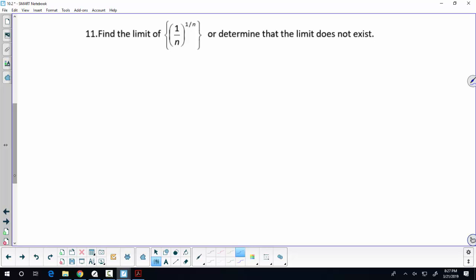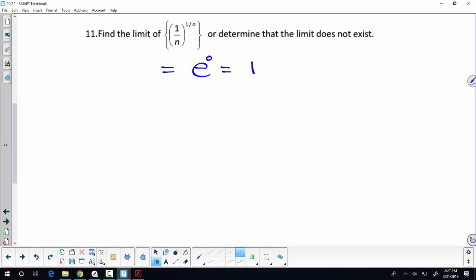How about 1 over n to the 1 over n? If you want to try that after class, feel free. You should get e to the 0, which is 1.